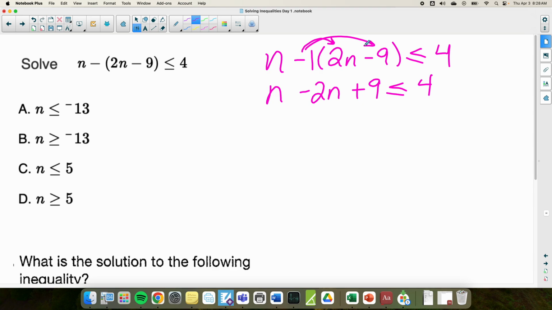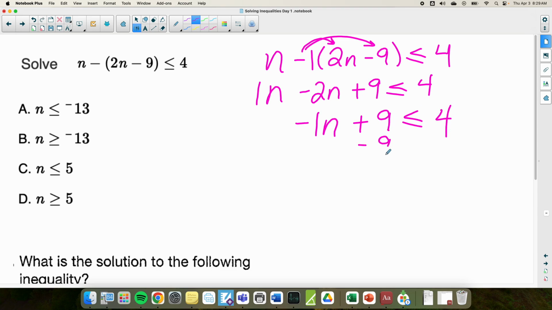If you have negative 1 times a negative 9, two negatives make a plus. But if you have a parenthesis with just a minus sign in front, you have to switch both, or if there were 4 signs, you switch all of them. Now, this is 1n minus 2n, which is minus 1n. 1 minus 2 is a negative 1. I still have that plus 9, okay?